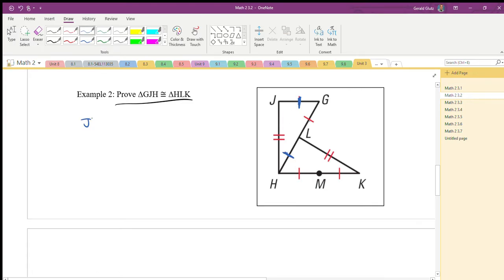So JG is congruent to LH. This one has 2, so it's a little bit easier to see. So I know that JH is congruent to LK. So that's 2 sides. So I just need 1 more.